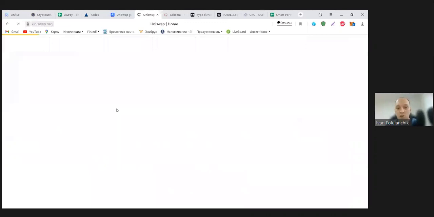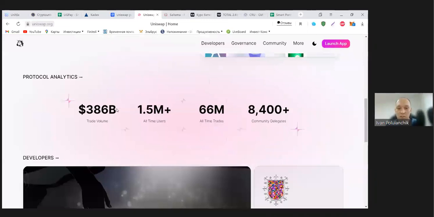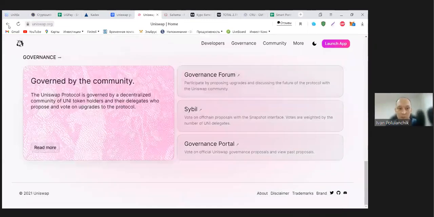And then we actually start a deeper analysis: read about the company, what it does, who created it, and what it is about. And I can tell you right away that this coin is well known.